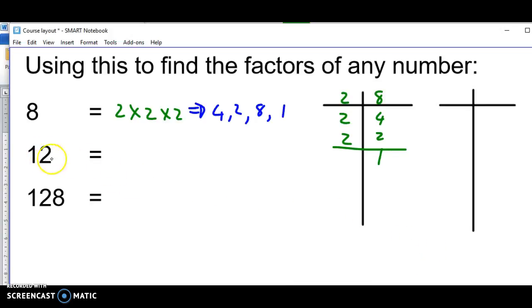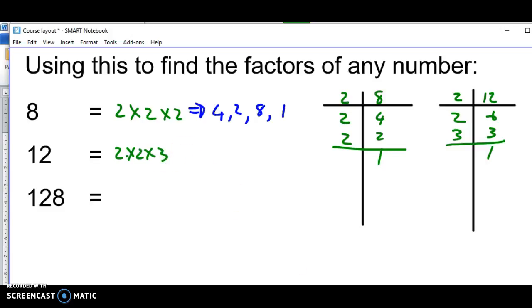Now let's look at 12. 12 divided by 2 is 6. Divided by 2 is 3. Now 2 can't go into 3, but 3 can go in there, so it's 1. So we now know that 12's prime factors are 2 times 2 times 3.